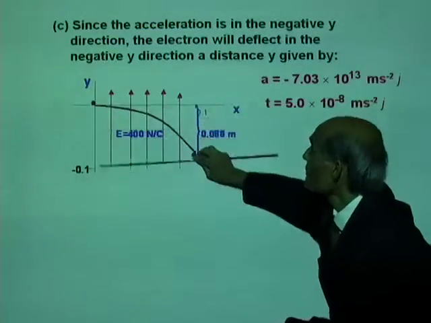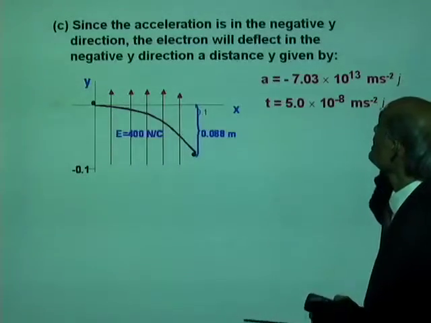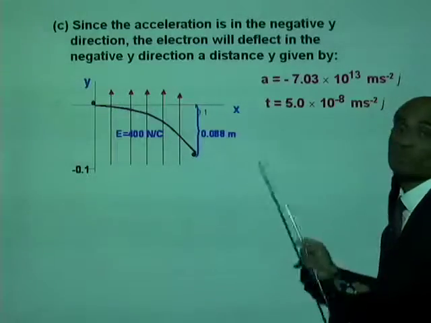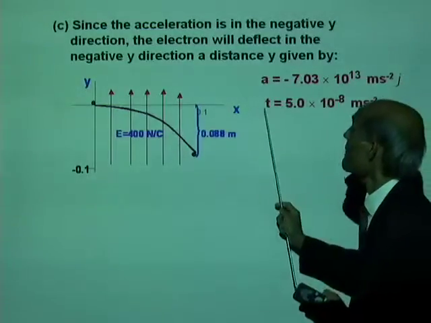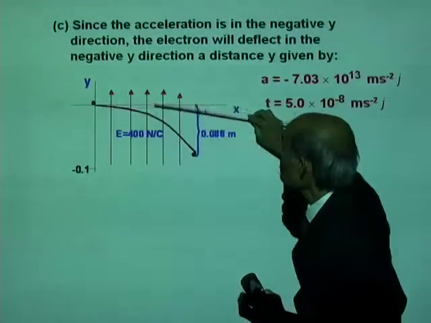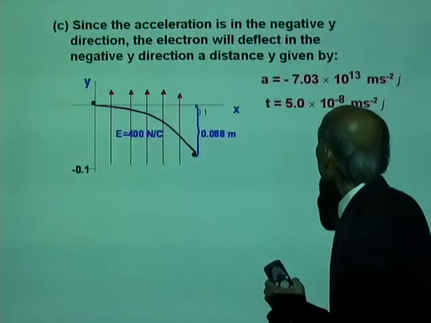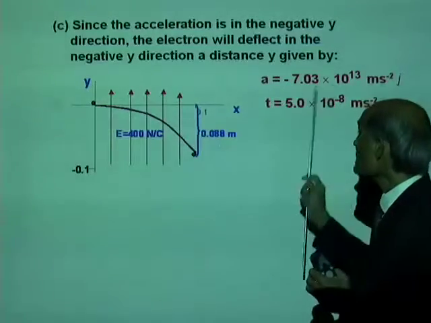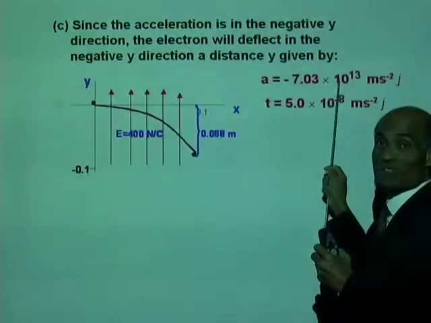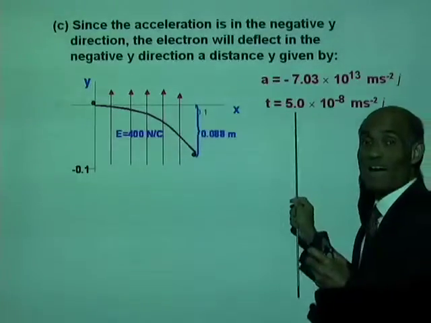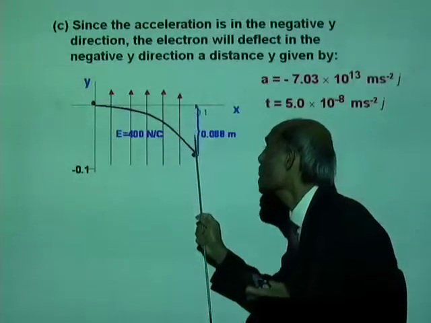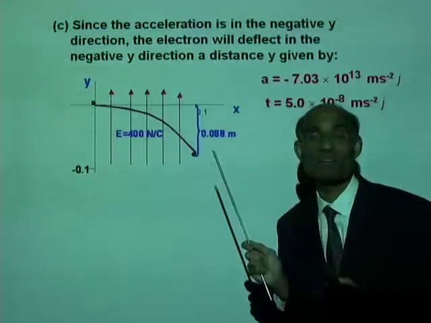The downward acceleration of the electron is negative 7.03 times 10 to the 13 meter per second squared j, and the electron has been traveling for this many seconds. That means it has been accelerating at this rate for this much time. Now, can you give me an equation to find that vertical distance traveled by the electron?